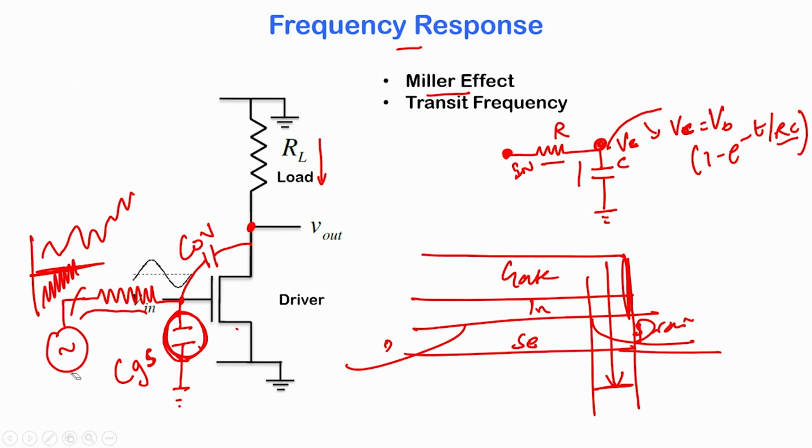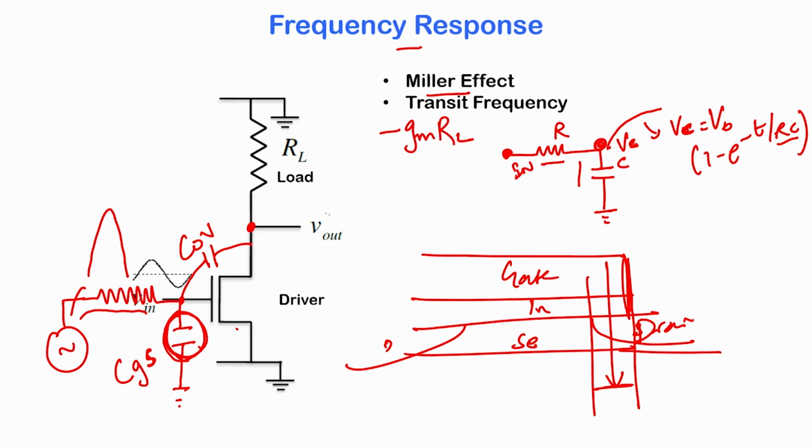Okay. So, now look at the current sent by the sensor. You have an input signal that is going, let us say, like a blip. I am going to exaggerate the size of the signal. And now because the amplifier is giving you a gain of minus GMRL, with a phase shift, the output signal is going to go with a very large negative blip.